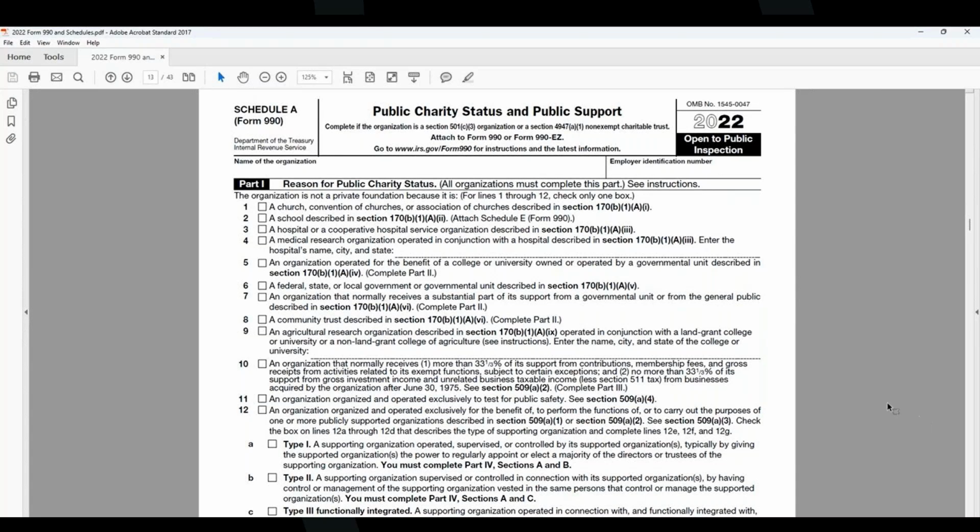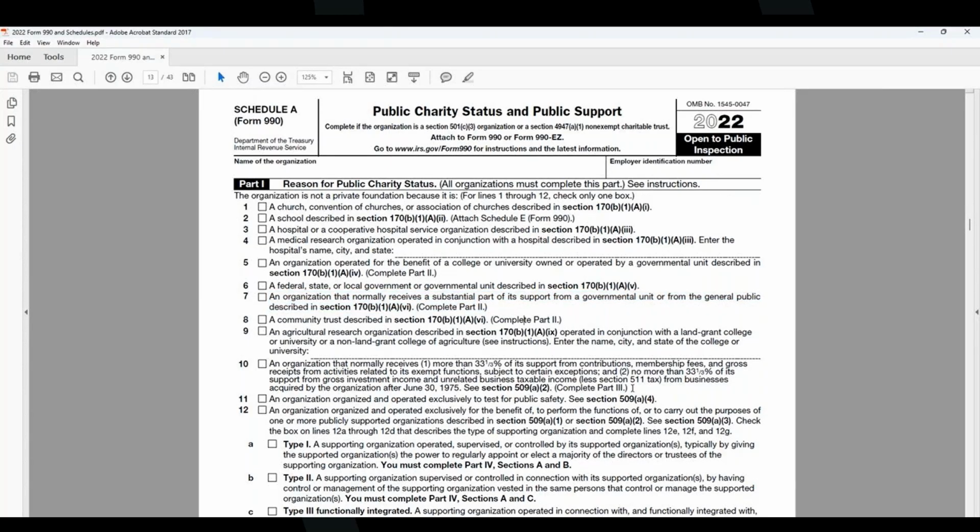The first part here has these key lines. One of them is line 7, the typical social service charity test. Do I get a substantial part of my support from the government or the general public? That's 33%. I'll show you that in a second, but that's one of the main tests. They're only counting support here.